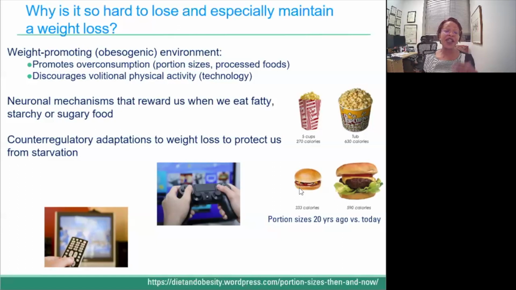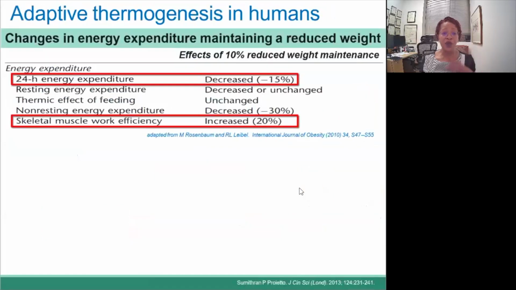And in addition, one of the biggest reasons is because our bodies are set up in a way to maintain, to hold on to our body fat and to always bring us back to that weight. We call those counterregulatory adaptations, right? So there are things that happen once you lose weight.